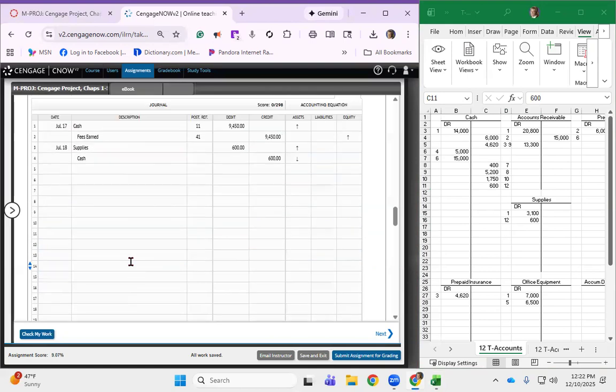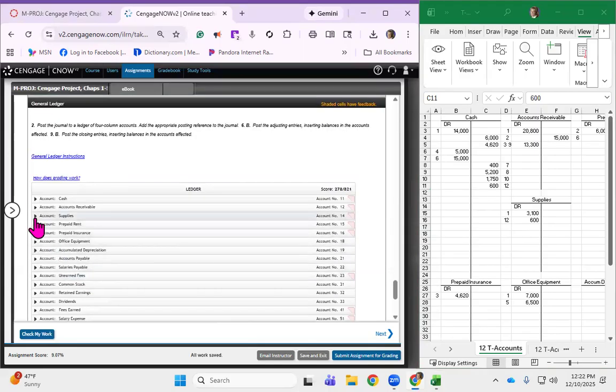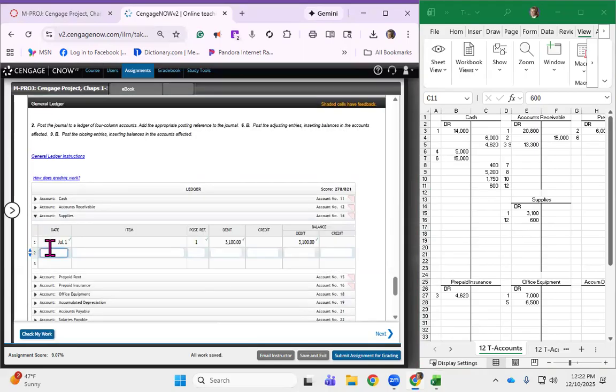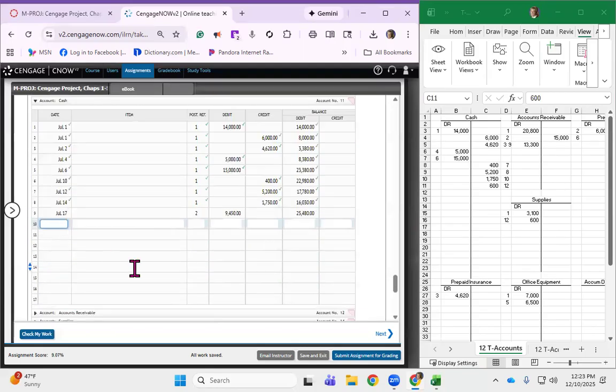Now let's go post. Let's go to supplies in the ledger. This is July 18th, page 2. Up goes supplies, and now we have $3,700 in supplies. Close. Go to cash. We should be on line 10. Line 10, July 18th, page 2. So down goes cash, $600.